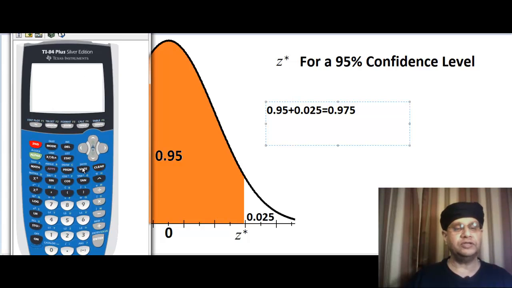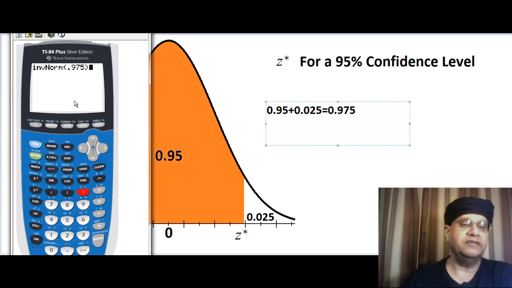So we'll go to the second distribution. And remember, if we have a standard normal distribution, then we don't have to enter the mean and standard deviation, because it takes them by default. And how much is that value?